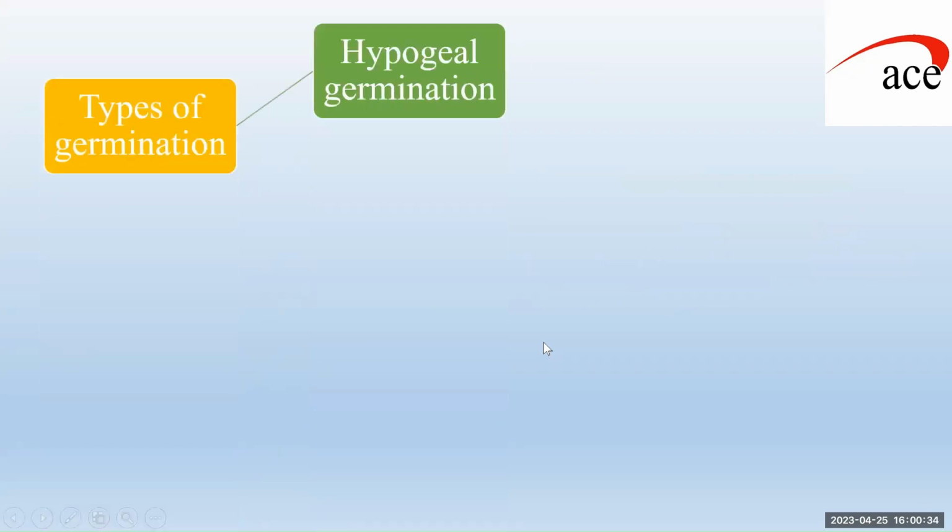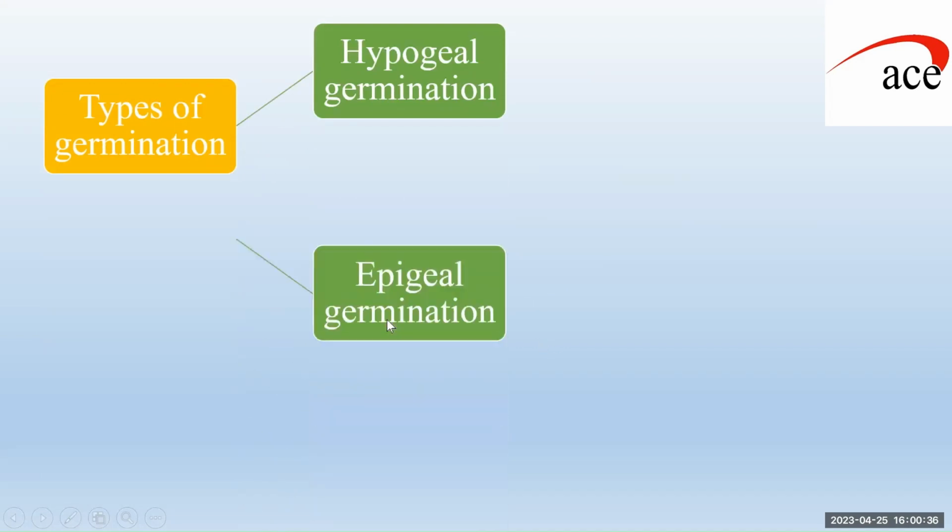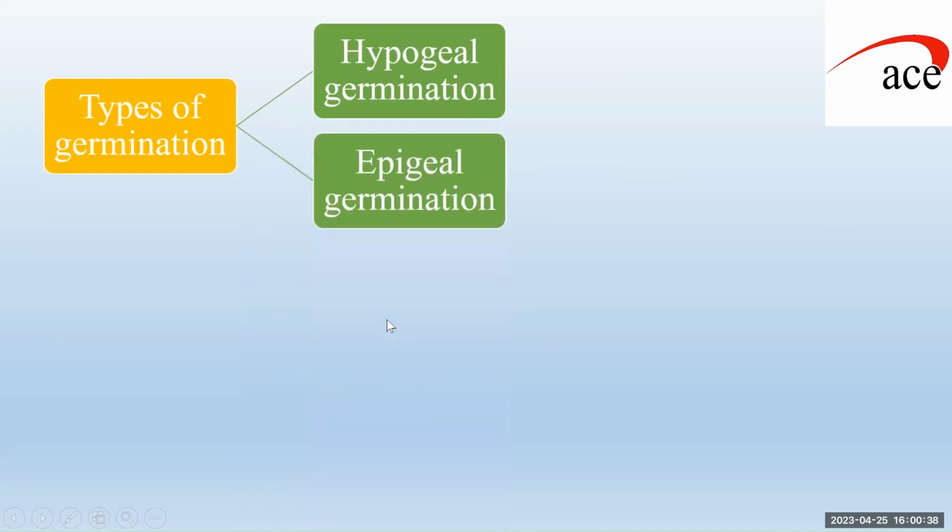When you talk about germination, there are two types: hypogeal germination and epigeal germination. Always remember the epicotyl and the hypocotyl of a seed will never elongate together. Either the epicotyl elongates or the hypocotyl elongates.